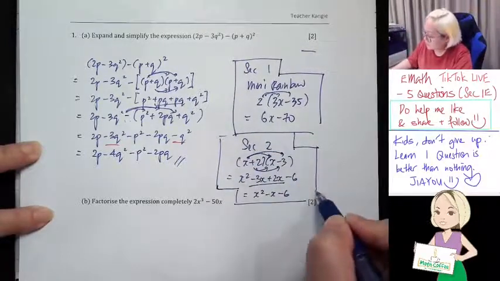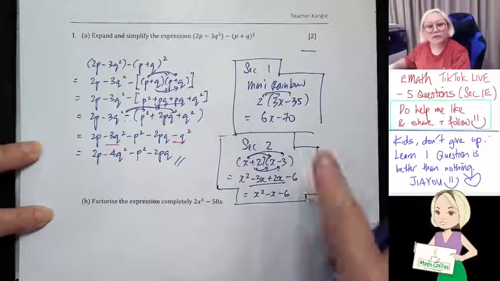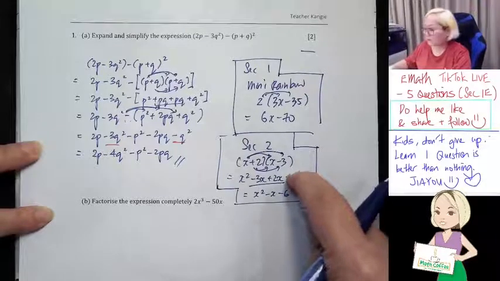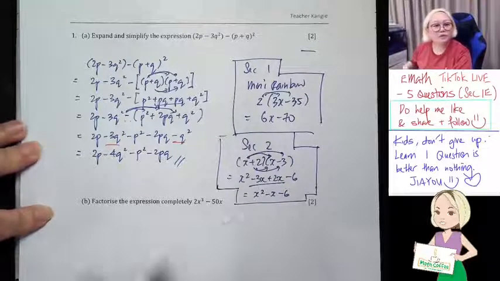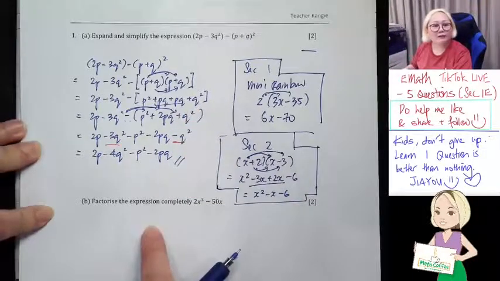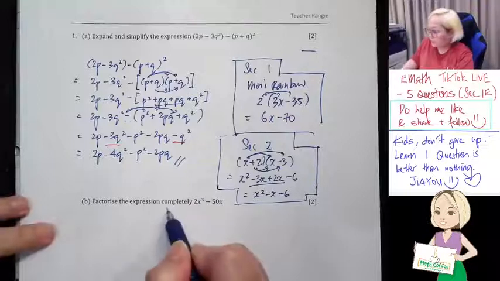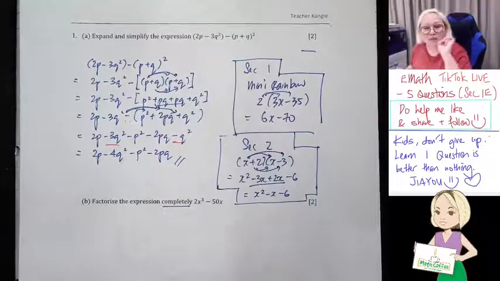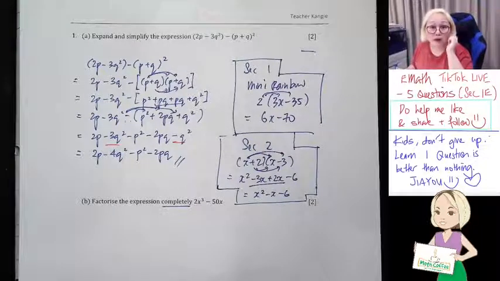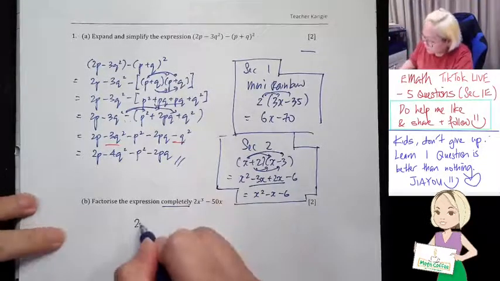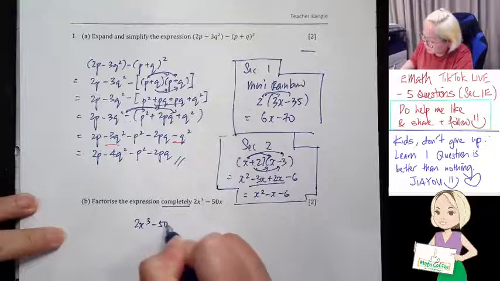So this is Sec 2 algebra. Okay, now let's go to the next one: factorize the expression completely. When they give the word completely, they're hinting that there's more than one factorization method. First, copy the question: 2x cubed minus 50x.